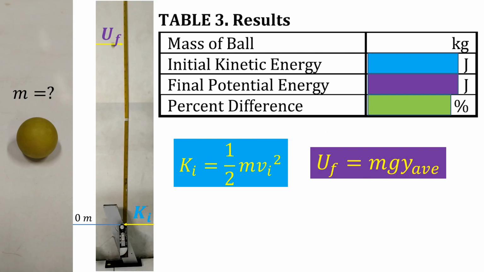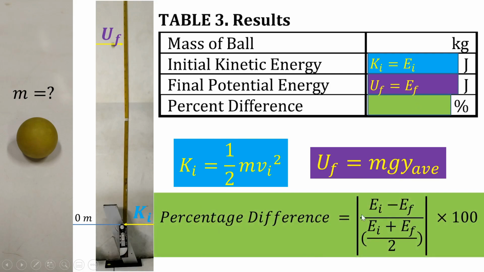Since kinetic energy is the initial energy, and the final potential energy is the final energy, the percentage difference is equal to the absolute value of the initial energy minus the final energy, divided by the average of the two, that is initial energy plus final energy divided by 2, times 100. Absolute means it's always positive. So you will get the percentage difference.